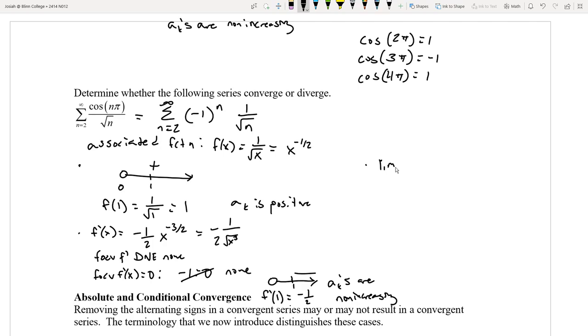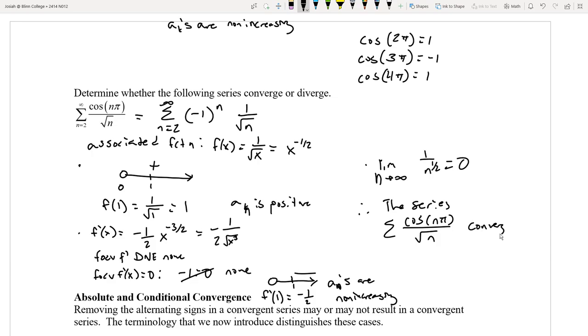The limit as n, I guess these are a sub n's, aren't they? A sub n, a sub n. Make sure our variables match. So the limit as n tends to infinity of 1 over n to the 1/2, which we know goes to 0 as well. Therefore, the series cosine of n pi over root n converges by the alternating series test.